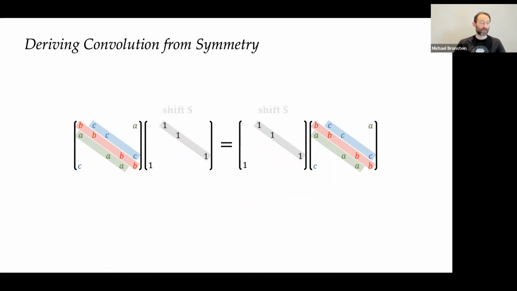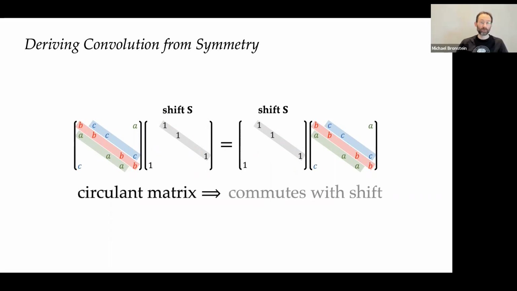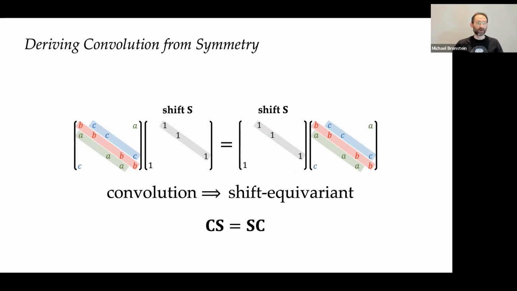So this is the shift operator that I mentioned in the beginning as well. So circulant matrices commute with shift. They commute with each other, in particular with one special circulant matrix that is the shift. And this is just another way of saying that convolution is a shift equivariant operation. I can first apply the shift, then convolution, or vice versa. The result will be the same.